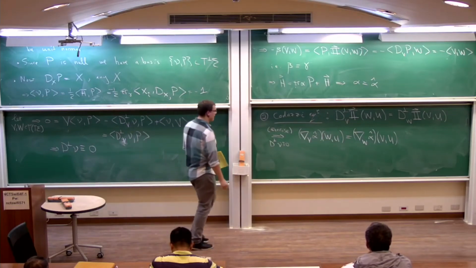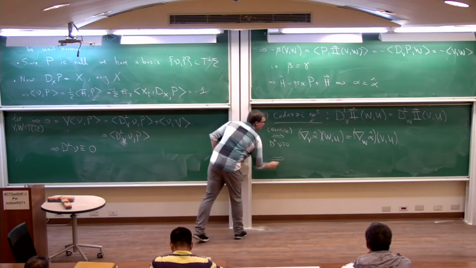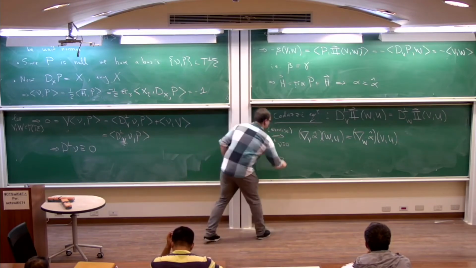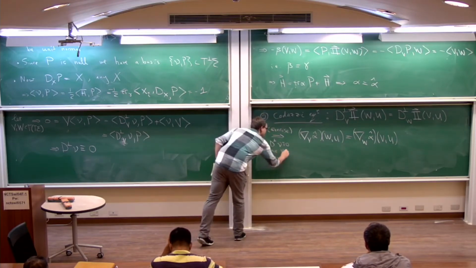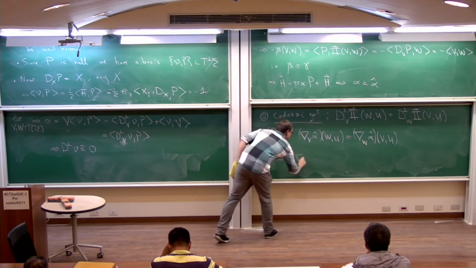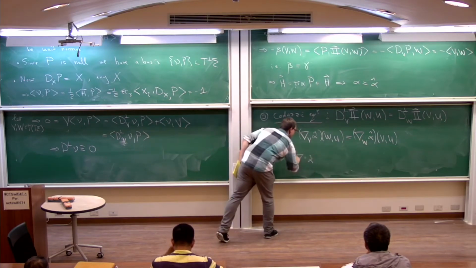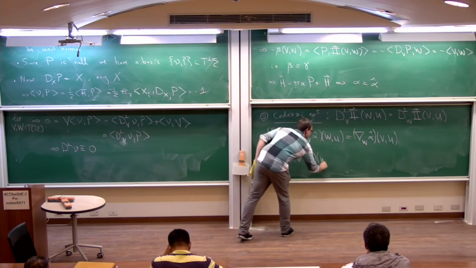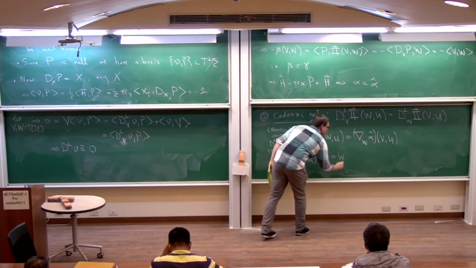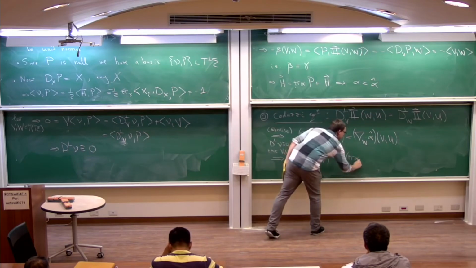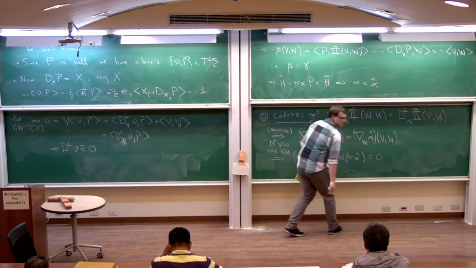So notice now what happens if I take a trace over v and u. Then what we see is the divergence of alpha hat, and you plug in w, is exactly equal to w of the trace of alpha hat, which we know is of course 0.